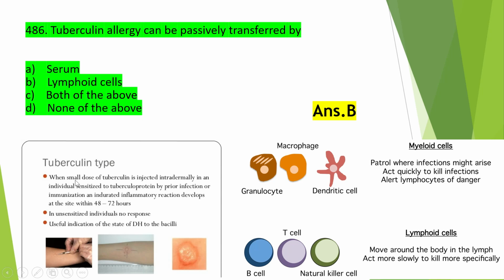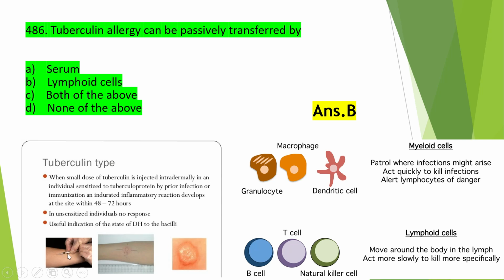So in the tuberculin test, a small dose of tuberculin is injected intradermally in an individual sensitized to tuberculoprotein by prior infection or immunization, and an indurated inflammatory reaction develops at the site within 48 to 72 hours, and in unsensitized individuals no response. So it is a useful indication of the state of DTH to the bacillus.